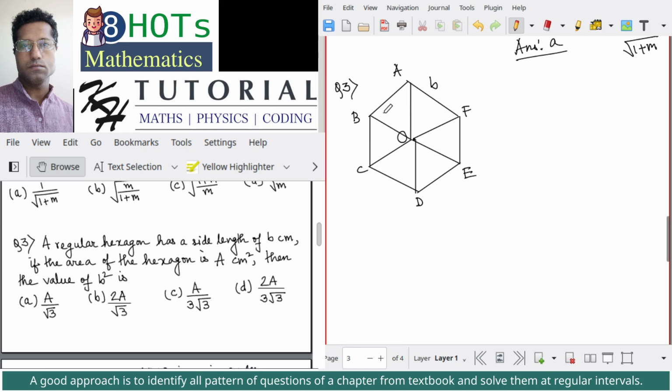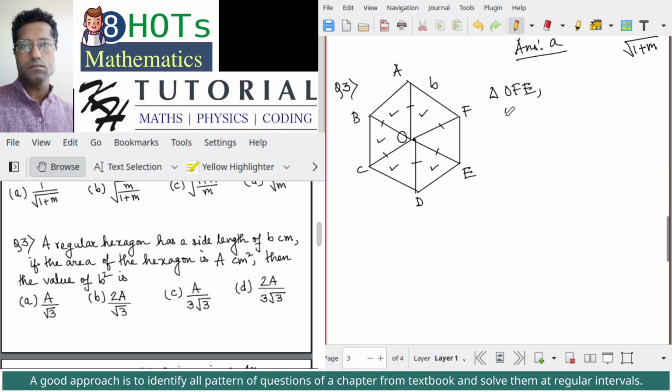That is, these two sides will be equal for all these triangles. All these triangles will be congruent and they will be isosceles. Just for an example, consider the triangle OFE.